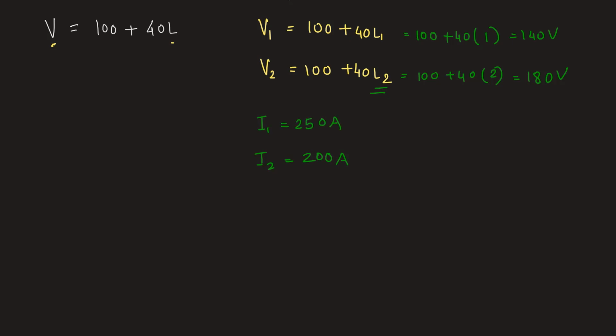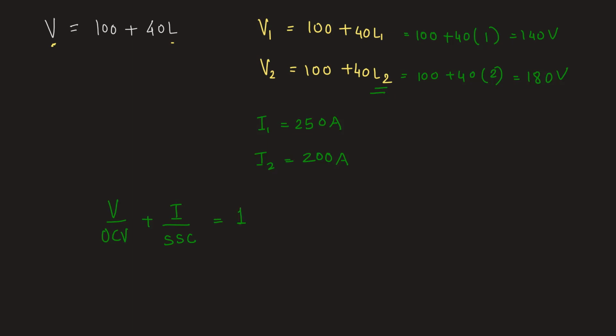So now that we have V1, V2, I1, I2, we can use the relationship for short circuit current and open circuit voltage and find out the value of the short circuit current. The relationship that we have is V by OCV, open circuit voltage, plus I by SSC, short circuit current, is equal to 1.